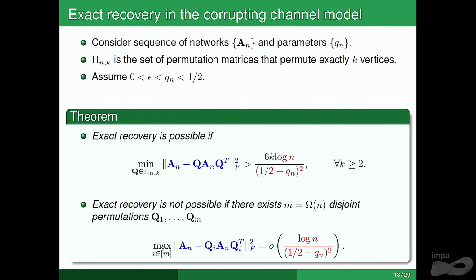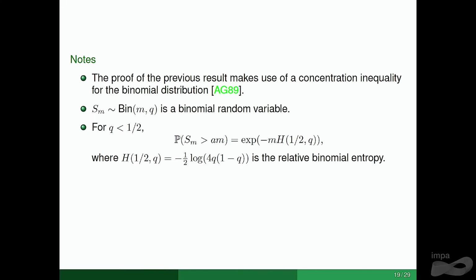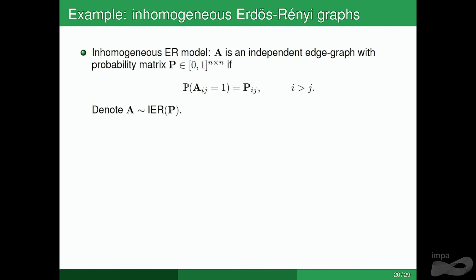Okay, so now to answer Roberto's question about what happens with the Erdős-Rényi model. Here I have a result for the inhomogeneous Erdős-Rényi model, which is basically the same thing, but now we have a potentially different probability for each edge of the network. So we encode all of these probabilities with Pij.